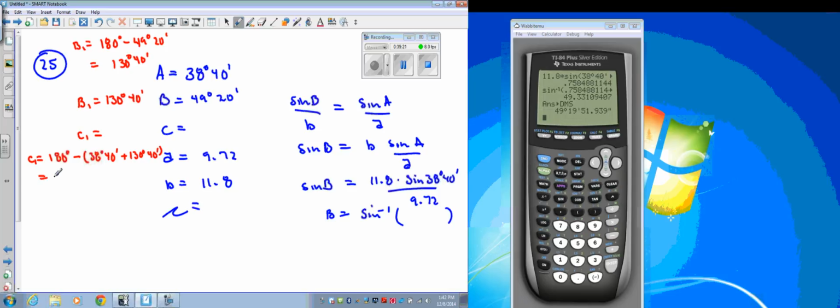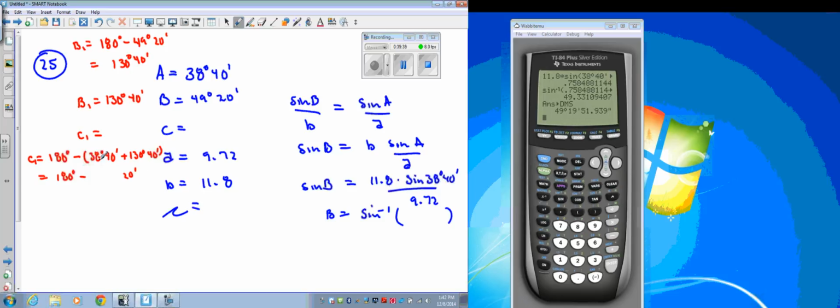So that's 180. 40 and 40 is 80. Take 60 out of there, that's 20 minutes left. And add a degree, right?